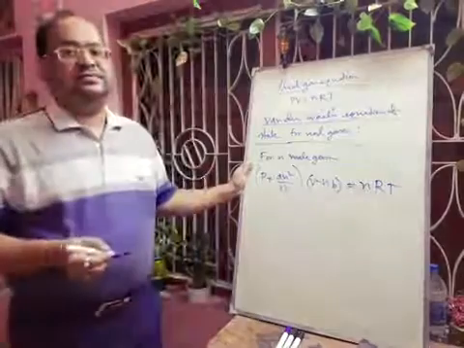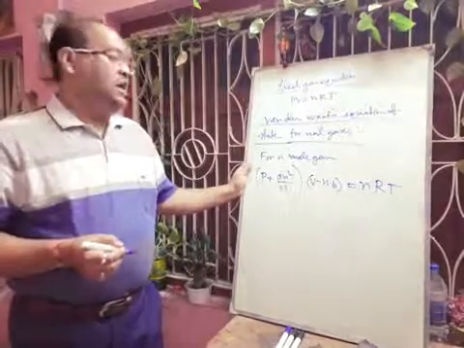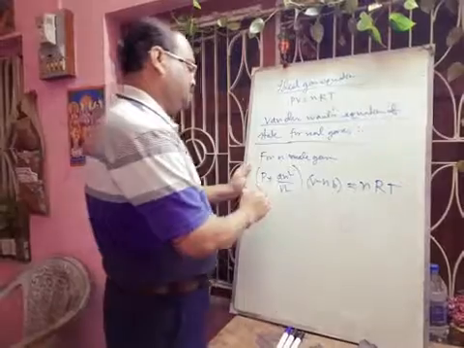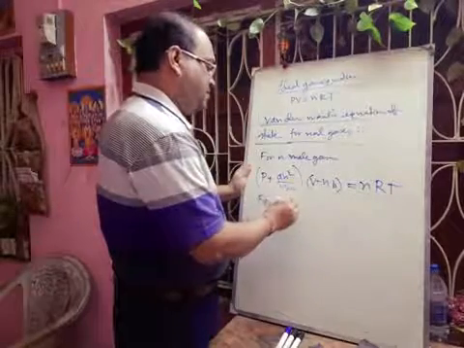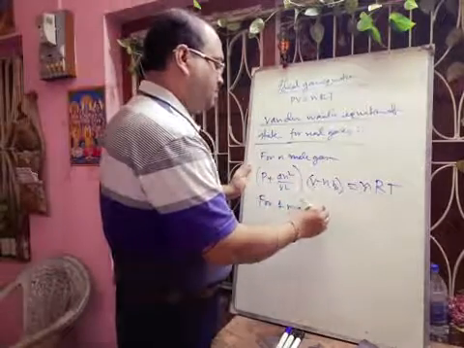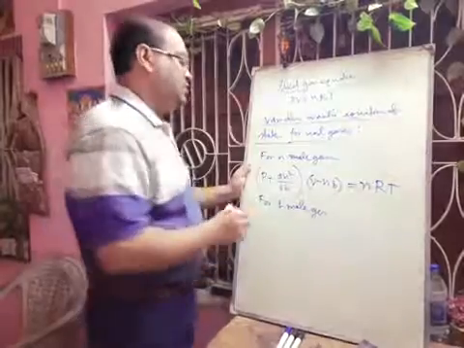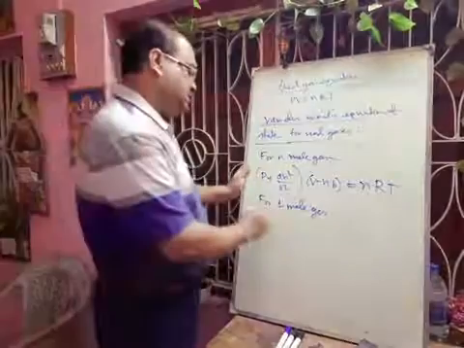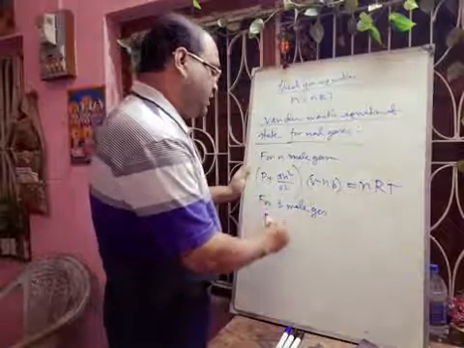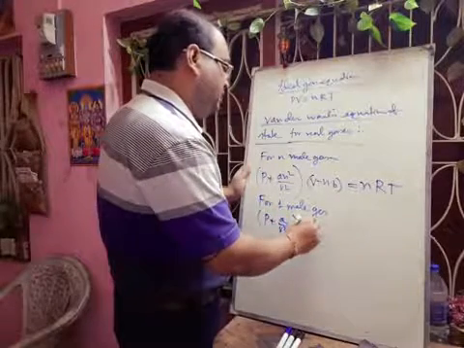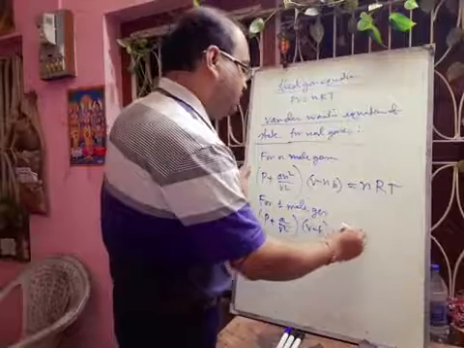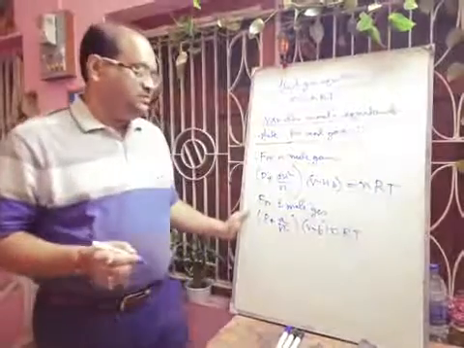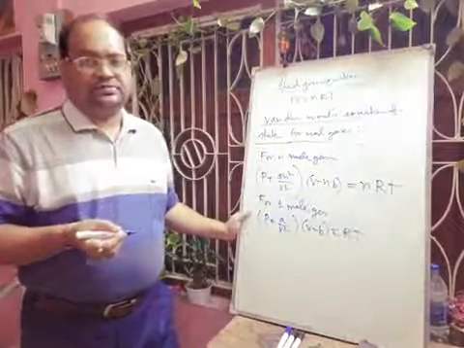Hope you can understand. Now for 1 mole gas, here we are putting n is equal to 1. So it will come that (P plus a by V square) into (V minus b) is equal to RT. And this is for the 1 mole gas.